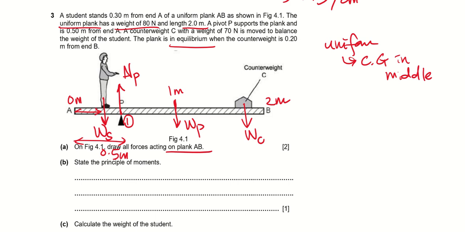It's getting a bit messy. 0.3 meters, and this weight is actually 1 meter. This counterweight is 0.2 meters away from B. So we have to work out all the individual perpendicular distances of each force to the pivot.